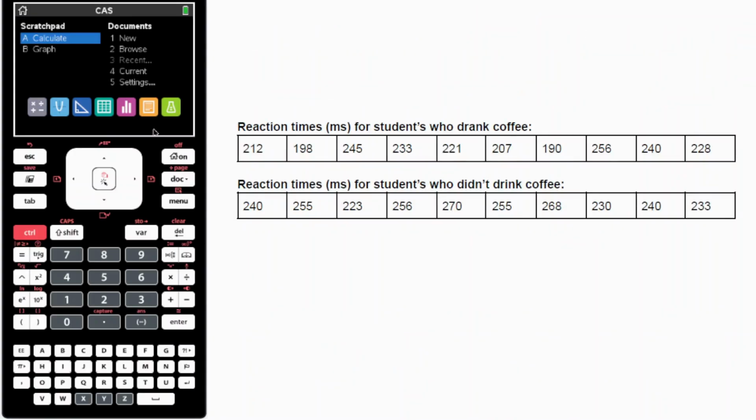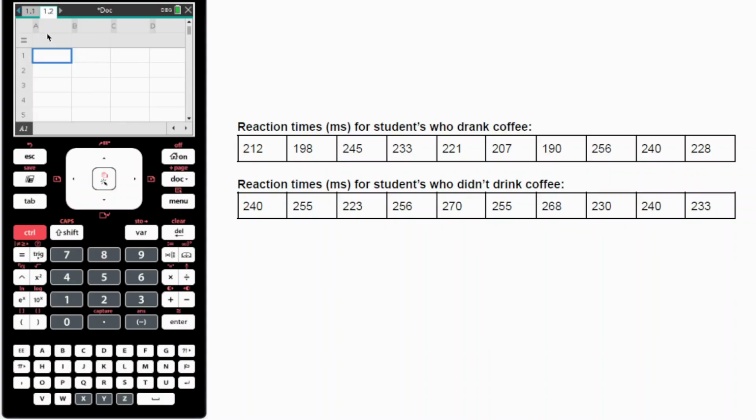Here we have two lists of numbers. For a two-sample t-test, you will open the lists and spreadsheet page down here, this green icon. Before entering the numbers, name those columns so that you understand which one is which. So coffee and no coffee, that's a good way to make sure you understand later when using the calculator.